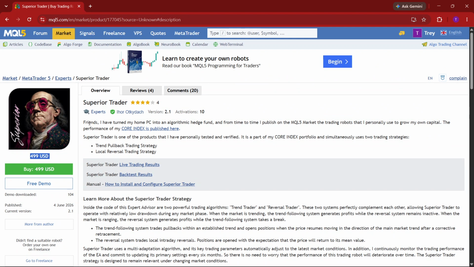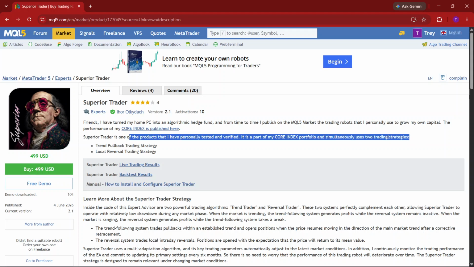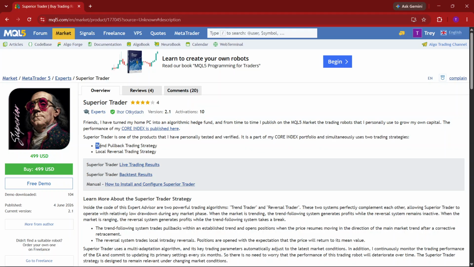The developer says Superior Trader is one of the systems he personally uses and keeps inside his core index. It runs two strategies at the same time: a trend pullback trading strategy and a local reversal system.